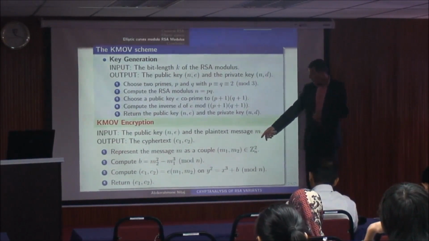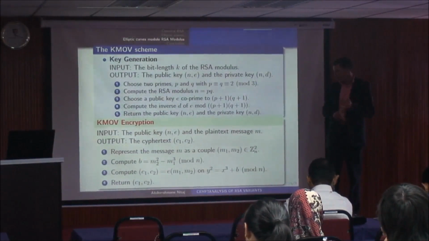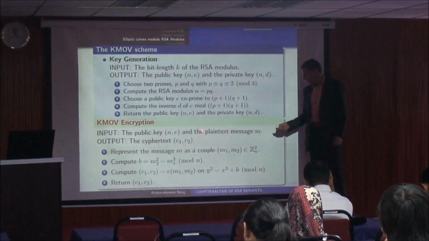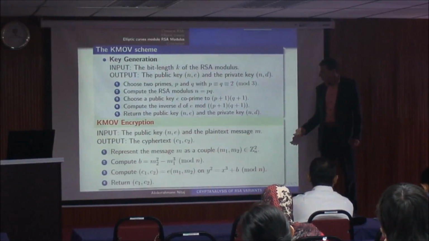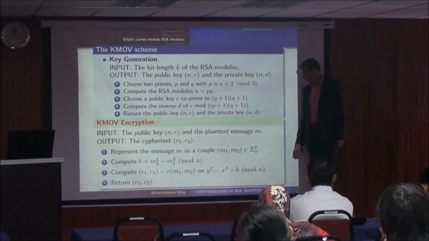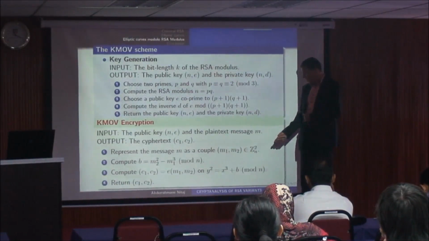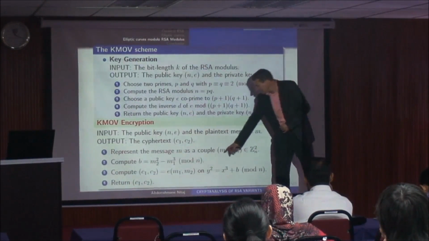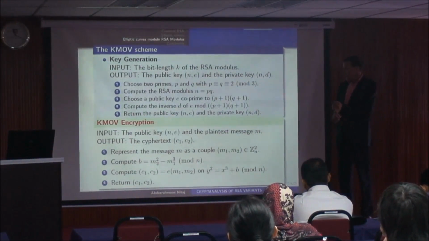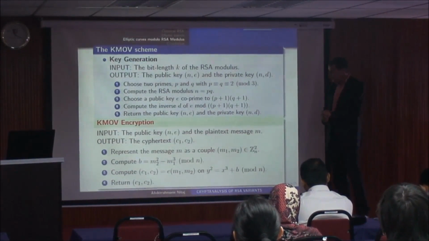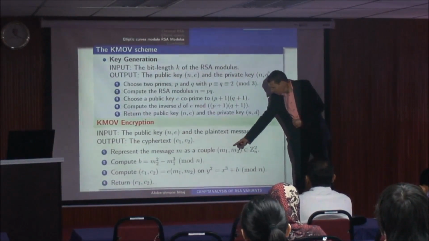So we can represent the message as a couple of numbers m1, m2, and we can use m1 and m2 to compute b such that b is equal to m2 squared minus m1 cubed modulo n, and using b, we can find the elliptic curve, and in this equation we can find that the elliptic curve is y^2 equals x^3 plus b, and b will be computed by using only m1 and m2.